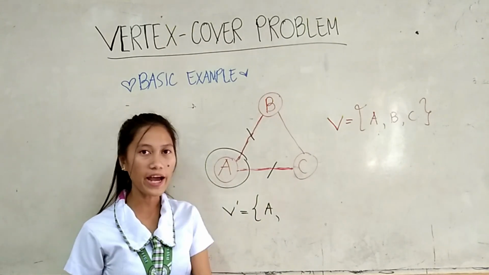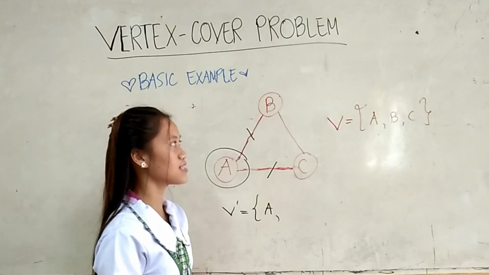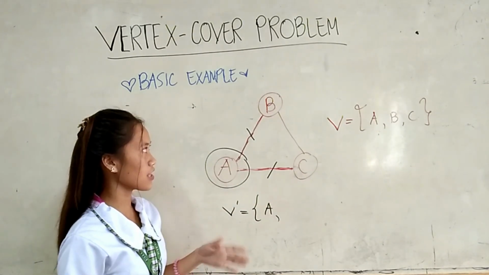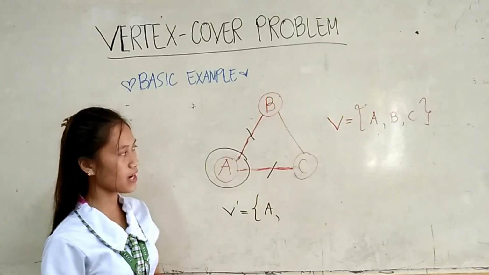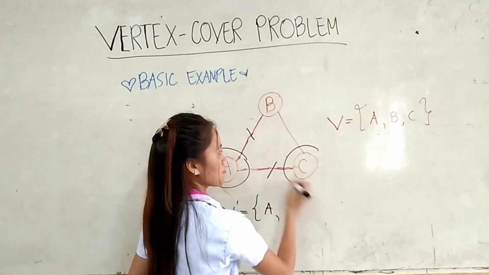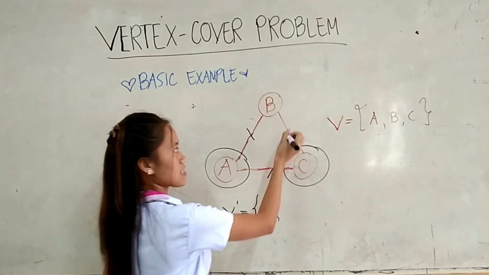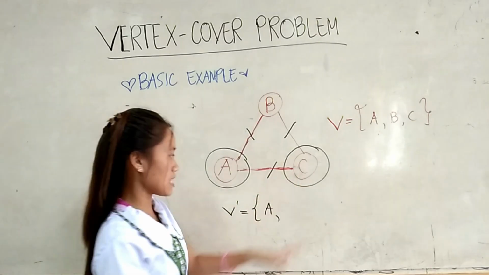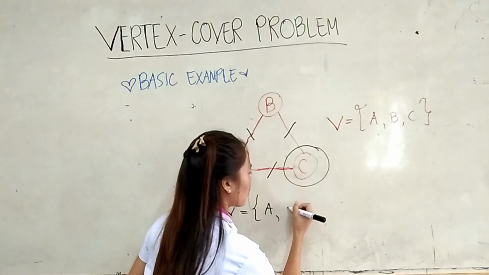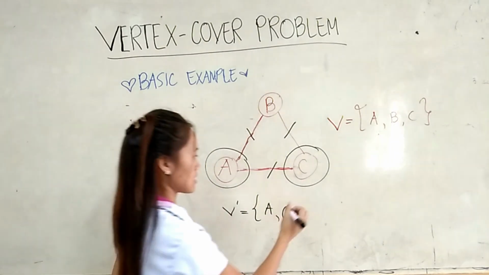We still have one edge left that needs to be covered. So either I choose vertex B or vertex C. What if I choose vertex C? This vertex covers this edge, so I put vertex C in V-1 since it covers this edge.